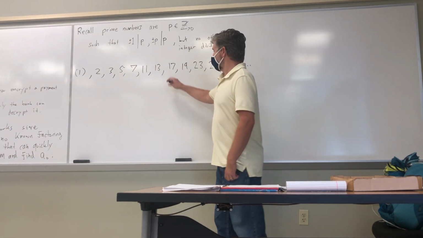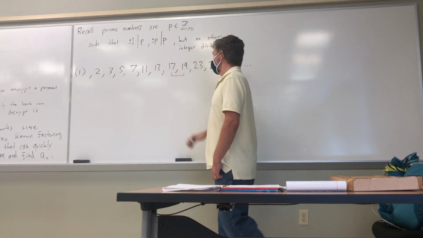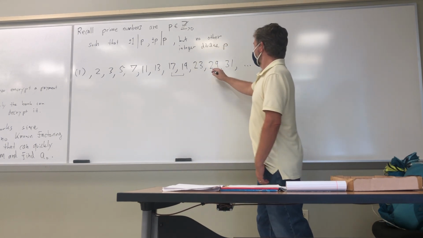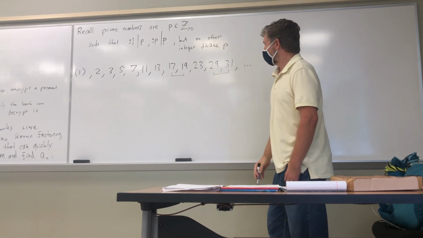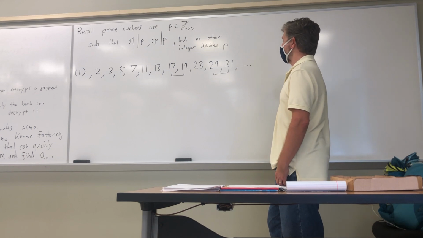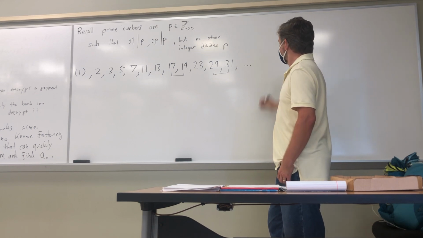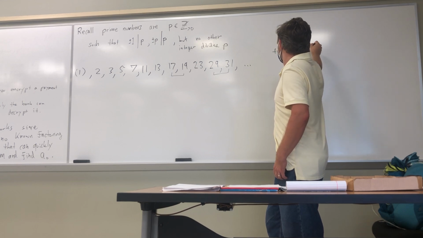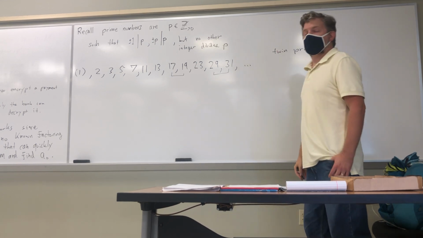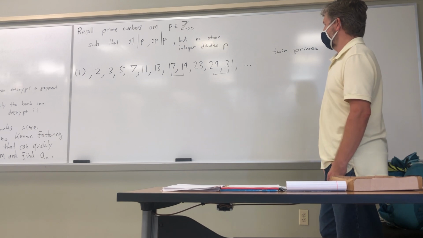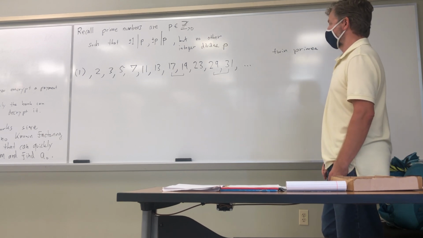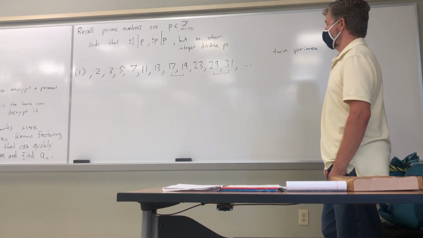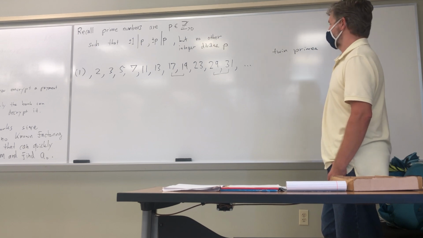there's a lot of prime numbers where there are 2 in a row, like 17 and 19, or 29 and 31, where there's just a difference of 2. You just add 2 to them. So those are called twin primes. And nobody knows if that keeps going forever. Like, can you always find an infinite number of pairs?